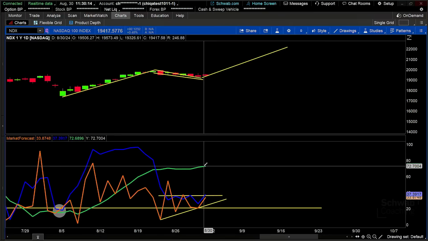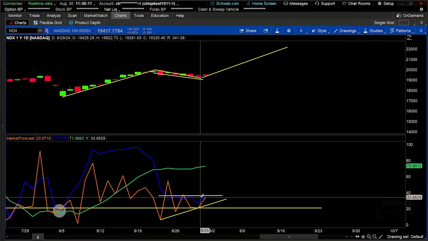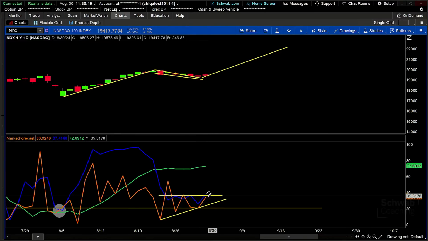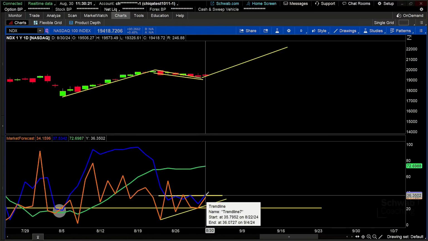So the confirmation of a bull flag might very well be both of these lines breaking above this short-term resistance. Okay, short-term resistance.